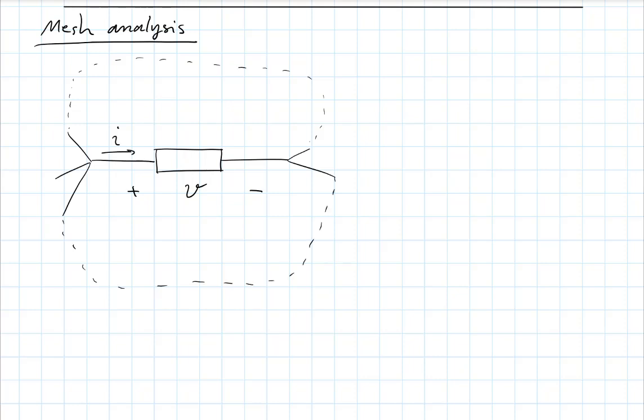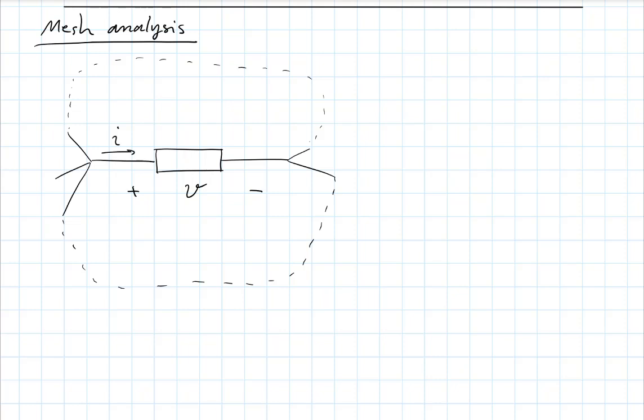If you look at a circuit drawn in a two-dimensional plane, the element could be on the edge, on the periphery of the circuit, and so it could be part of only one loop or one mesh, which is just a loop without anything inside of it, so just one simple loop. Or it could be somewhere in the middle and have two meshes on the two sides.